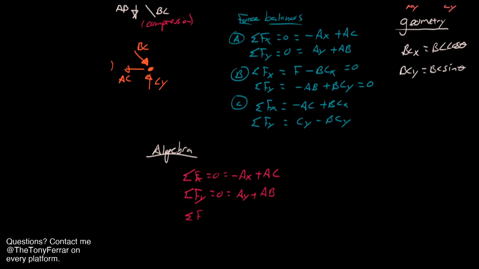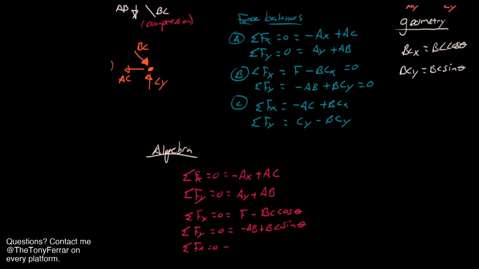When we go to joint B, sum of Fx equals 0, we get F minus, and now we're going to make a substitution, so this will be BC cosine theta. And in the vertical we get minus AB plus BC sine theta. And then lastly, at the last joint, we get sum of Fx equals 0.